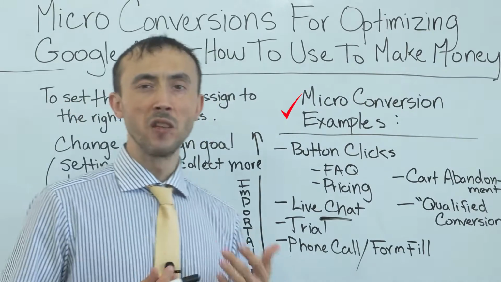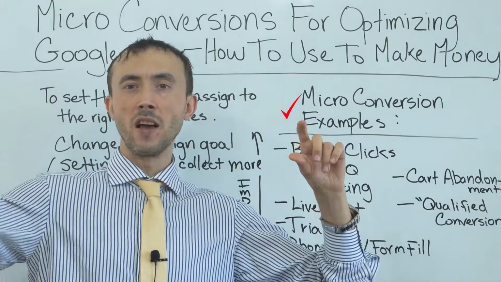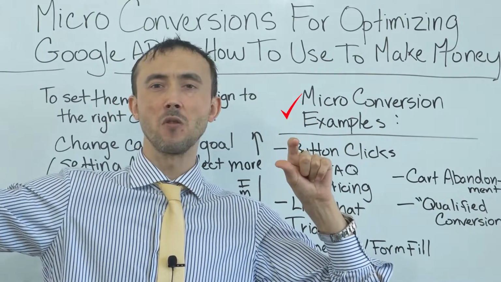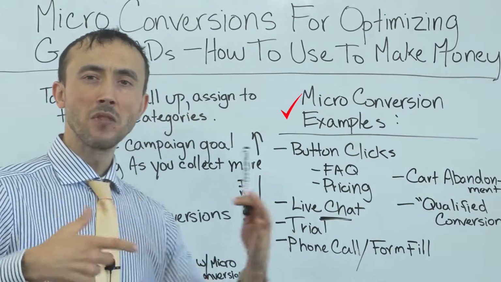Which is why multi-step forms work so well, because now there's only one field to fill out. They don't realize there's a string of 7 fields, because the last thing they want to do is fill out a 7-field contact form. So anyway, you could set that up as a micro conversion.